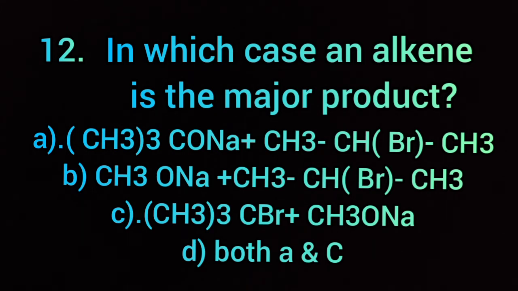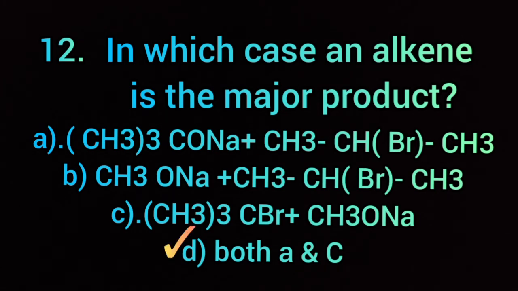In the third option you will be getting an alkene, because for the production of ether a primary alkyl halide should be used. Here a tertiary alkyl halide is there, so you will be getting an alkene. So the options A and C are correct. So D is the most appropriate answer.